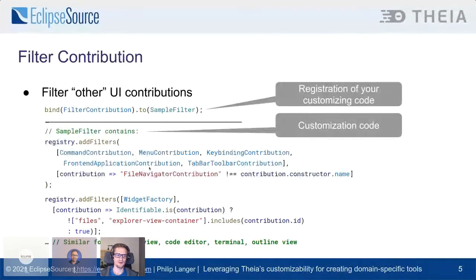In this particular instance, what we do here is we register filters. And this API allows you to list a set of contribution points that you want to filter from, and specify essentially a function that will be executed to filter the contributions other extensions have made for these contribution points.